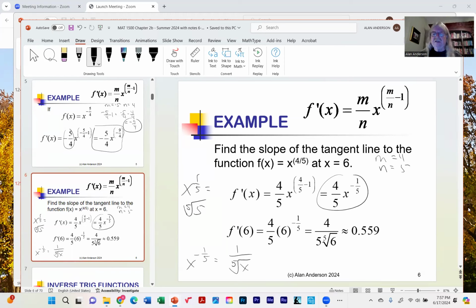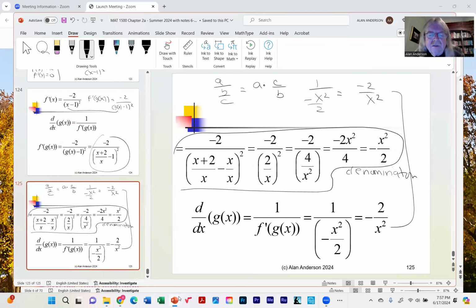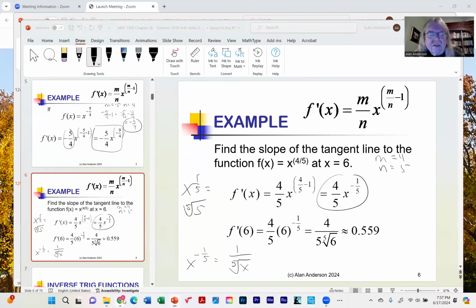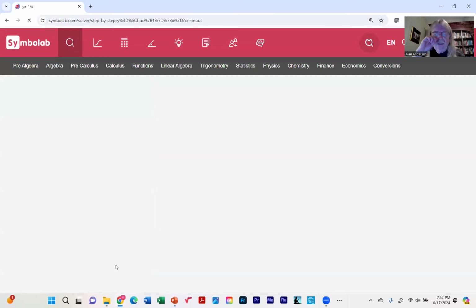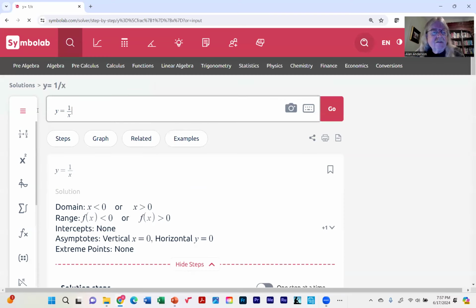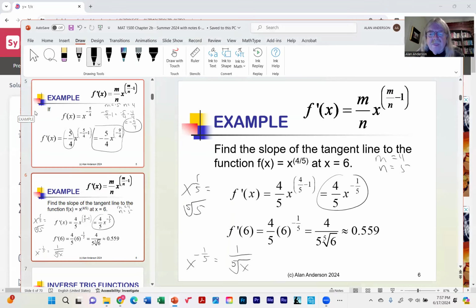So just for the fun of it, why don't we take a look at this graph on Symbolab. It's kind of hard to visualize something like this. So let's do this. First, it's 4/5 x.